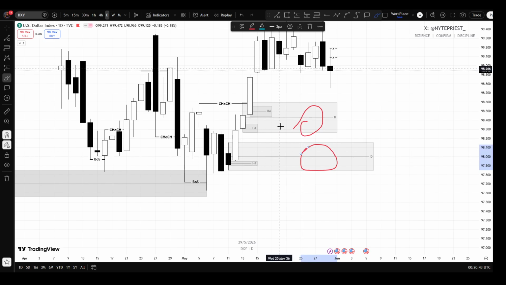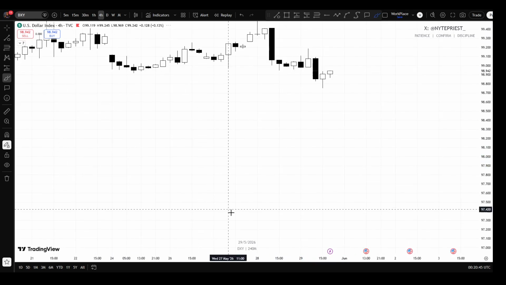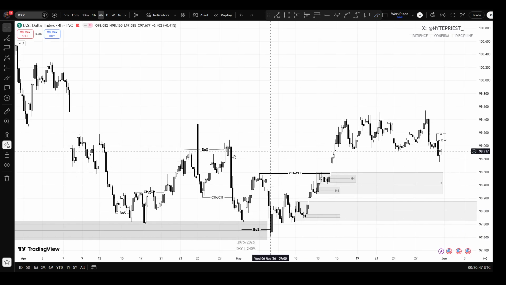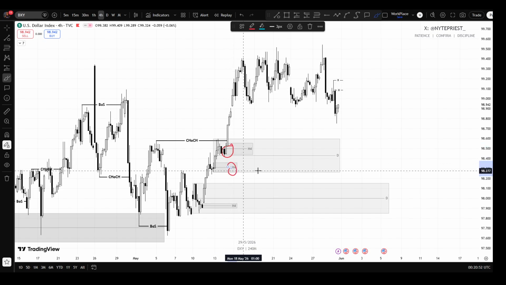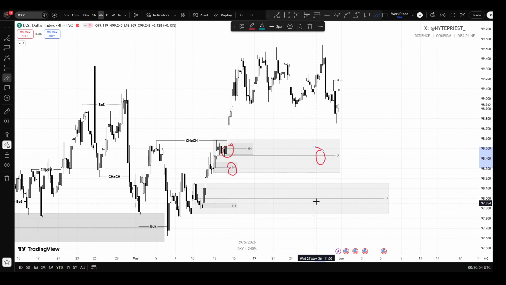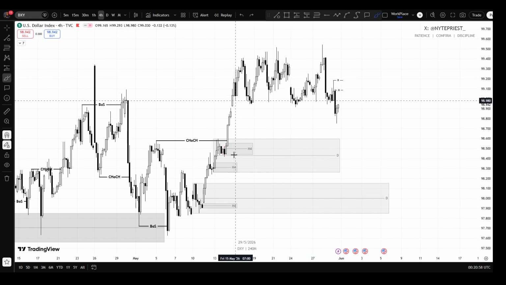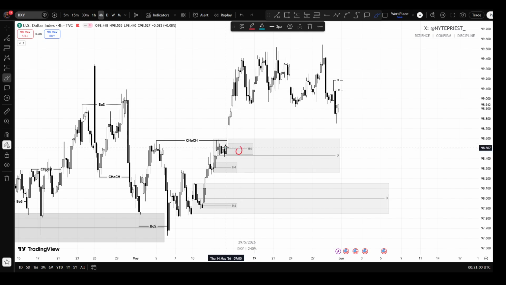We have two daily order blocks here. On the forward time frame, as you can see, these two order blocks on the H4 are embedded inside the daily order block. This H4 order block caused this impulsive move to break the structure upside.